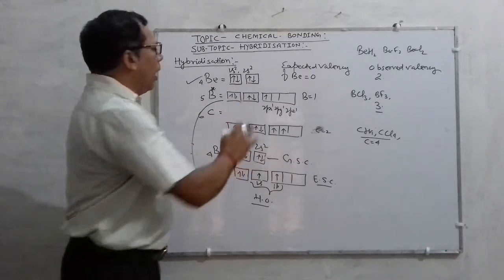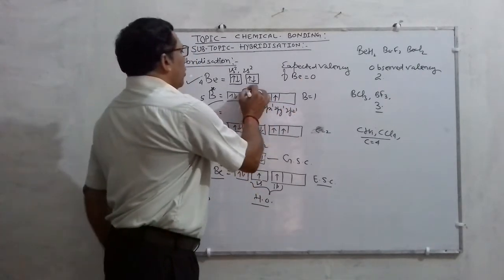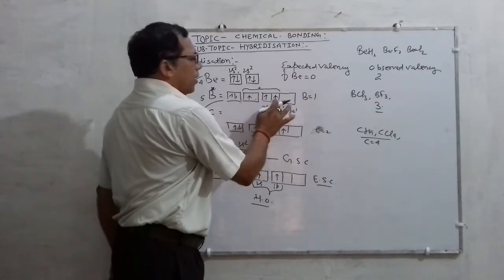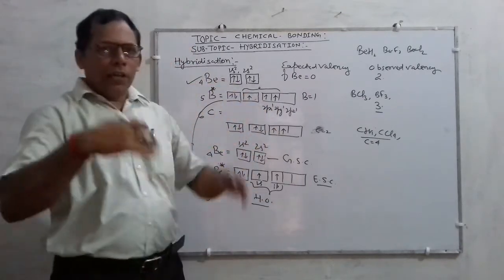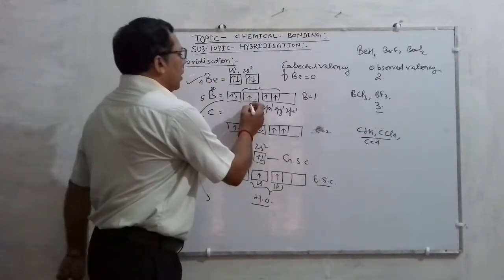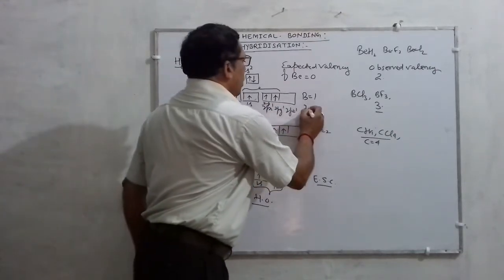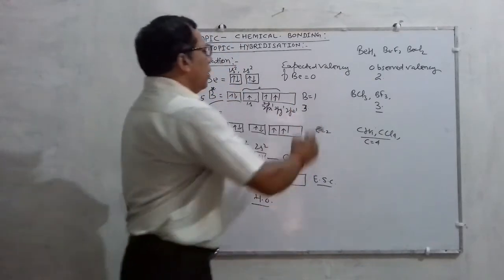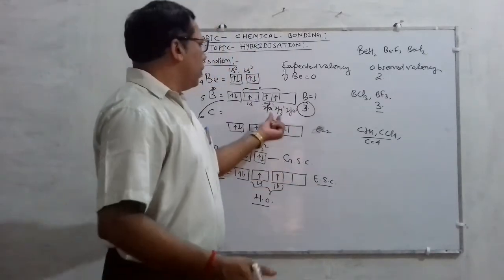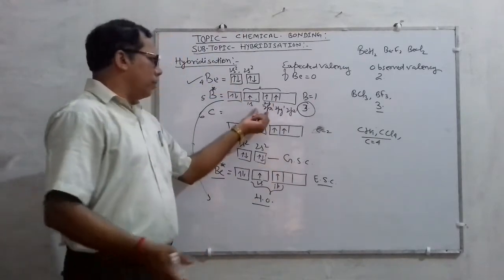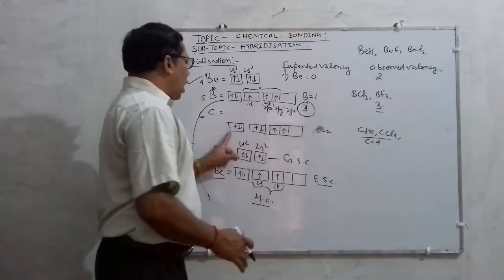One electron promotes into the next vacant orbital, and you can clearly see that now 3 half-filled atomic orbitals are going to take part in hybridization, and they will result in the formation of new hybrid orbitals. So the 2s and 2p orbitals are taking part, and they will form 3 new sp2 hybrid orbitals, whose energy will be almost equivalent to the previous one, and the hybridization will be termed sp2.